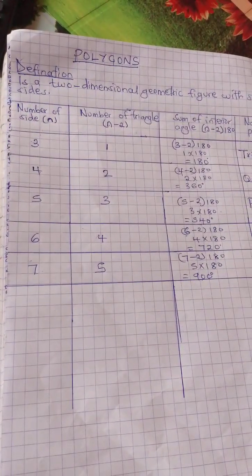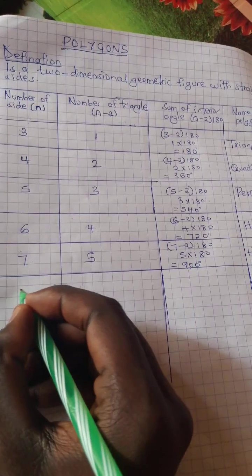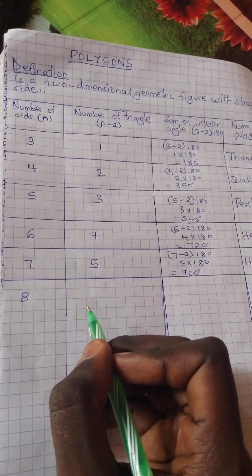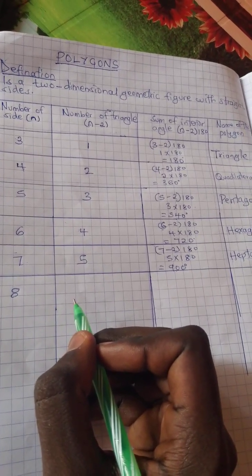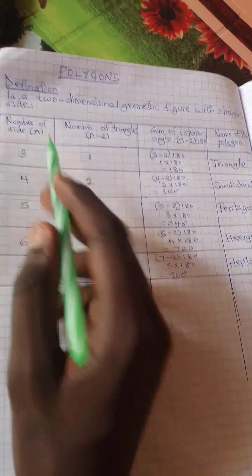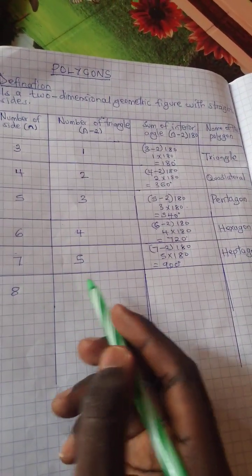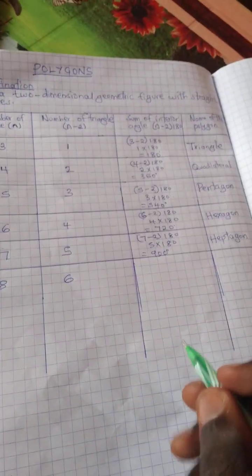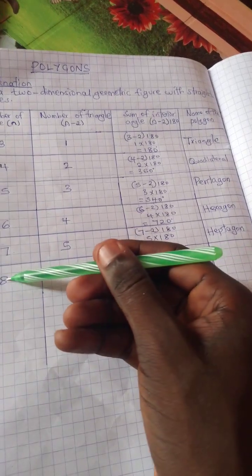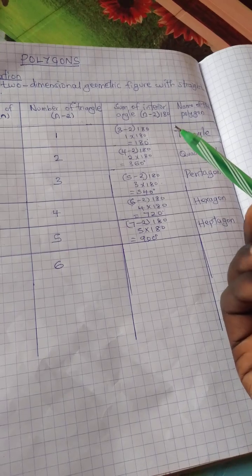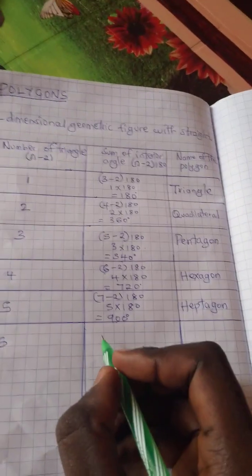Guys, let's go to the eighth one. An eight-sided figure. How do we get the number of triangles? The number of triangles is n minus 2, and n is the number of sides, so it will be 8 minus 2, which is 6. So the number of triangles of an eight-sided figure is 6. Then how do we get the sum of interior angles?